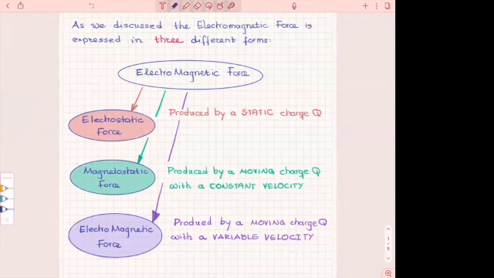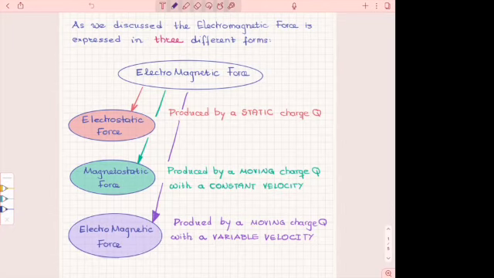Or it is a charge that is moving with a velocity that changes over time, which means that it will accelerate, decelerate, whatever needs to be done for that particular problem or phenomenon. In that case, what we see is an electromagnetic force.